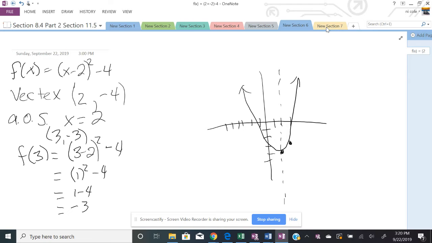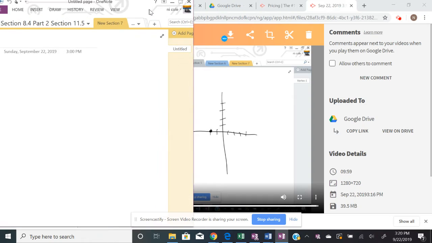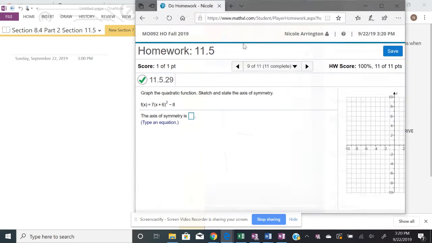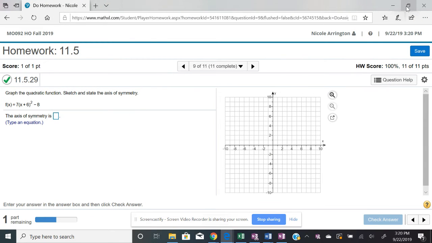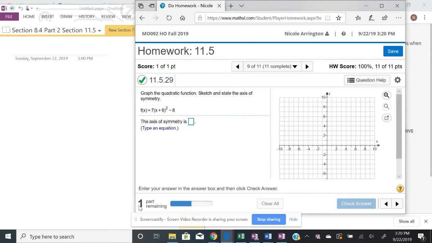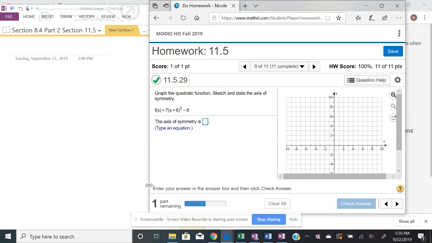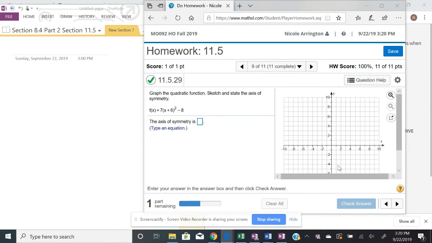All right, let's see. I'm gonna move that over, and I'm gonna bring in Math Excel. Okay, it says graph the function and state the axis of symmetry.